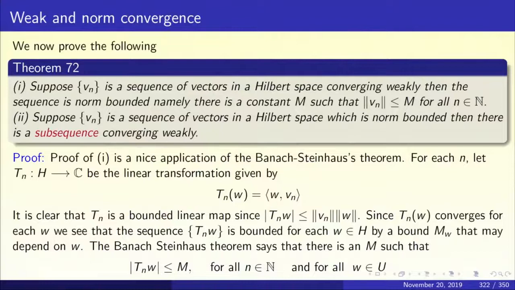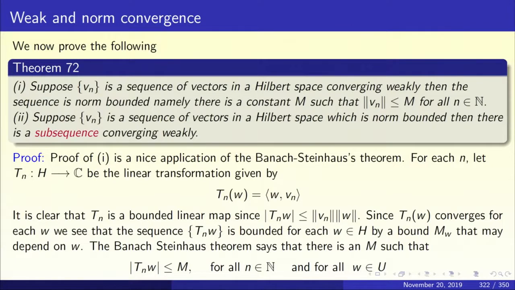Now, we know that Tn of w converges for each w, because Vn converges weakly.